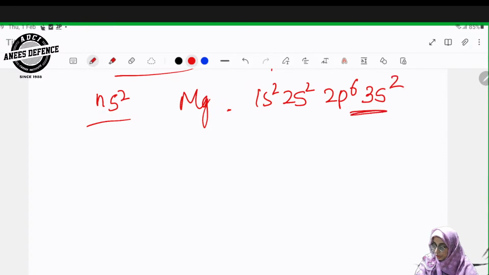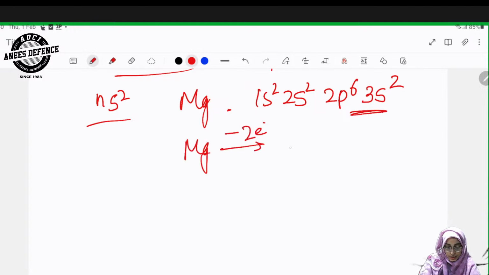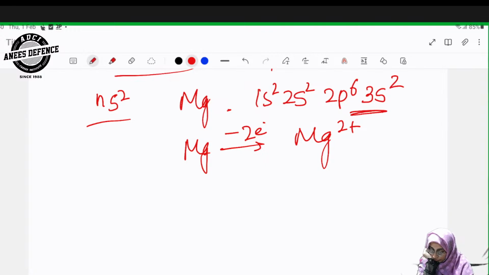It will lose its last two electrons. After giving two electrons, what will it become? Mg2+. So all the group 2 elements with configuration ns2 will lose their last two electrons and become divalent ions, plus two ions. Bivalent means plus two.